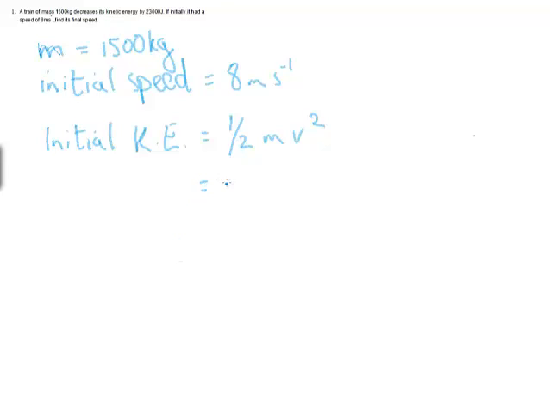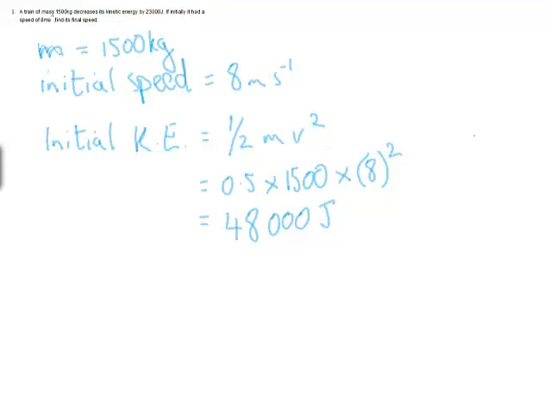So insert our values, 0.5 times a mass of 1500 kilograms times the velocity of 8 meters per second squared. When we use the calculator, we find that this equals 48,000 joules.